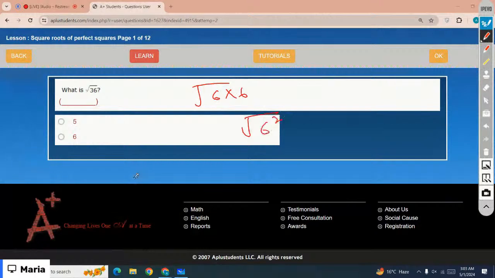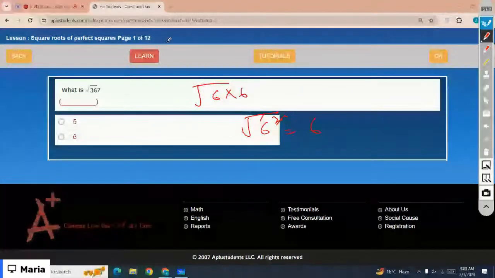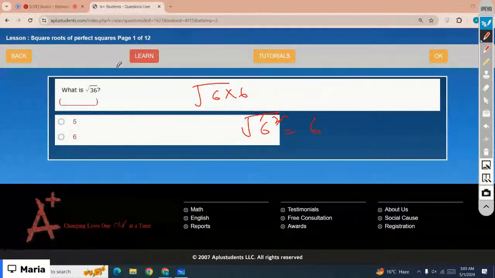So you can write it as 6 squared, and the square and the square root cancel out because squares and square roots are opposite. So you are left with 6. That means square root of 36 equals 6. Got it? The correct option is 6.